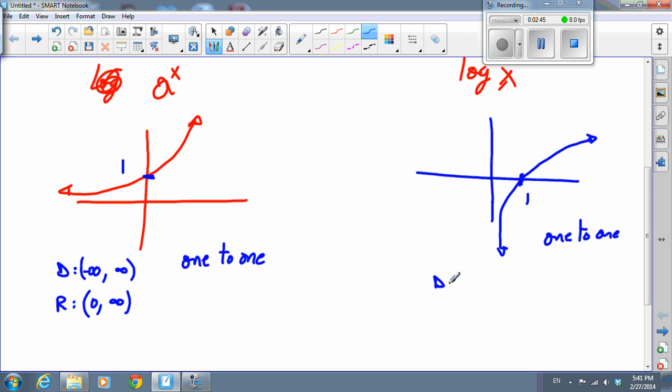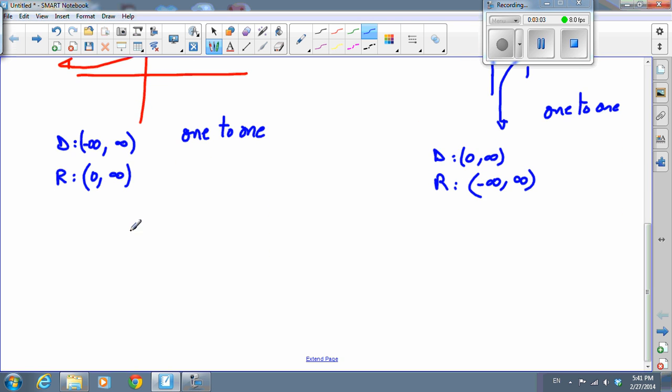And let's talk about the domain. The domain here is from 0 till infinity, and the range is from negative infinity till infinity. Note that since they're inverse, the domain of the first one ends up being the range of the other, and vice versa. Here I will say, if x is equal to a to the power of y, then y is equal to log base a of x.